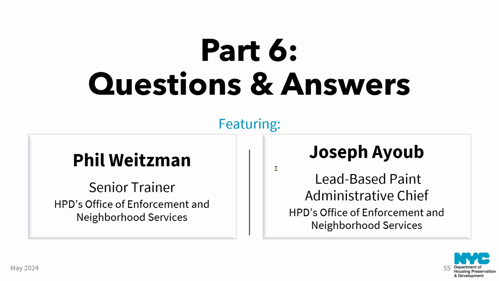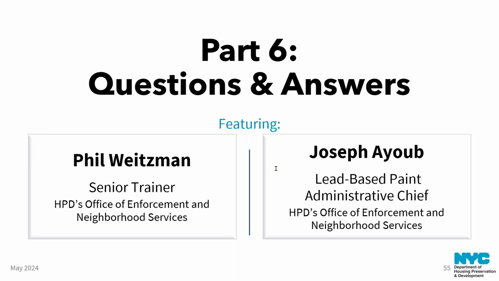So I want to just highlight again that just finding lead, just because the surface has lead, does not mean you're required to take any action. The issue is going to be if that lead becomes a hazard. Most of the time, that's going to be that the paint is deteriorated.